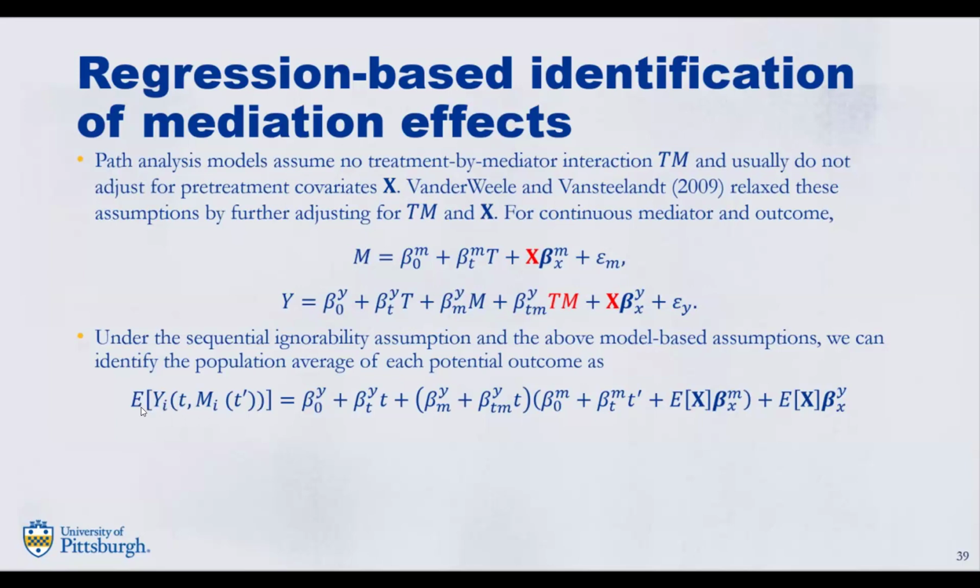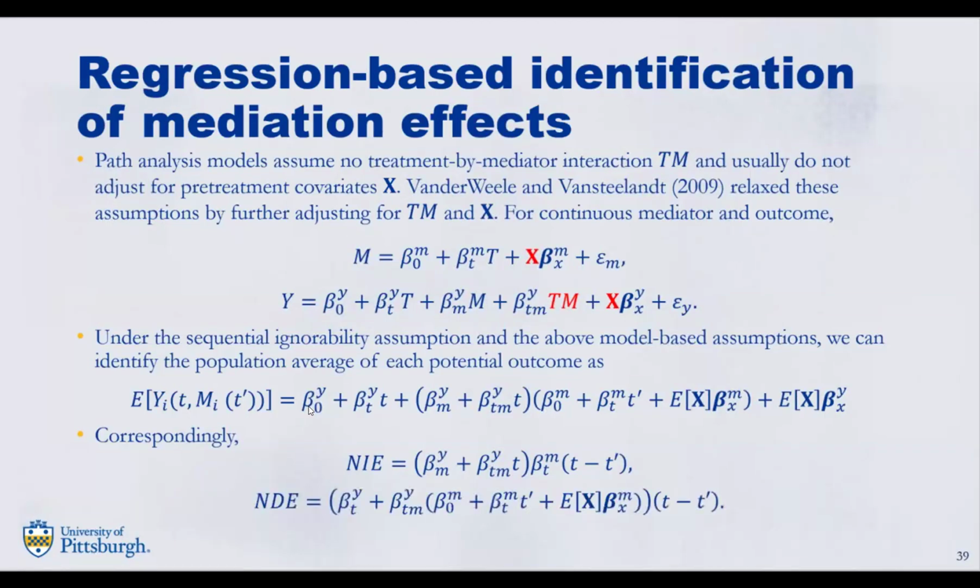And also you can get the population average of Y0M0 and the population average of Y1M0, so that you will be able to get that NIE equals this and NDE equals this. Here I use NIE and NDE as illustration. Using the same logic, you can derive PIE and TDE.